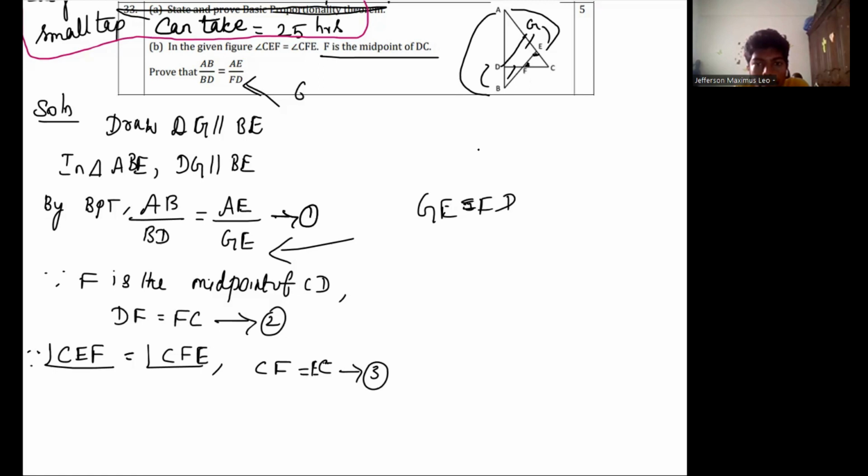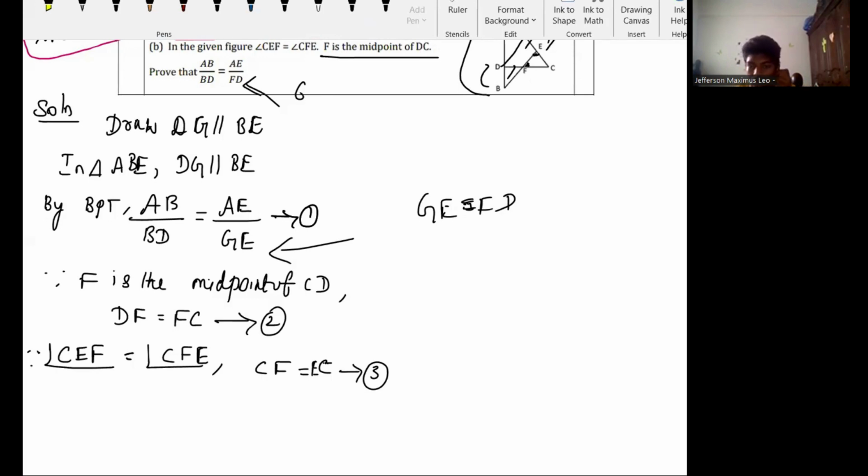So do you have any ideas? No, ma'am. This is the number 1 equation. We have to use a midpoint theorem result, and then the result will come.